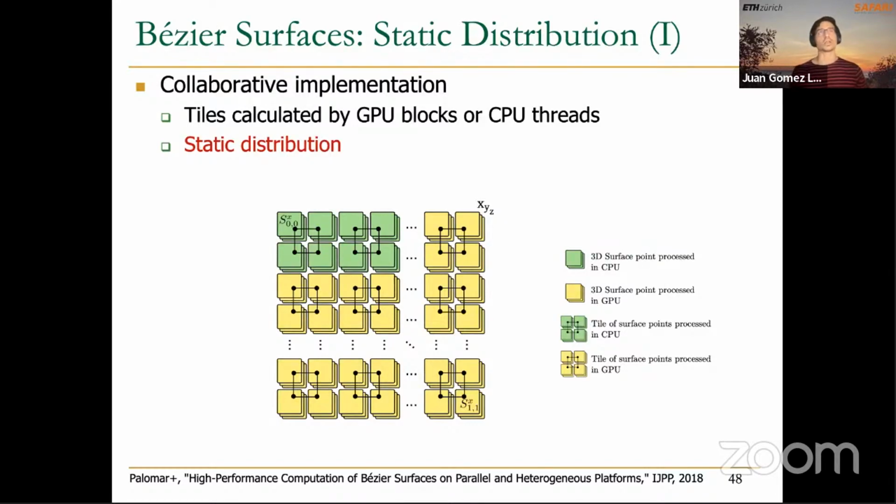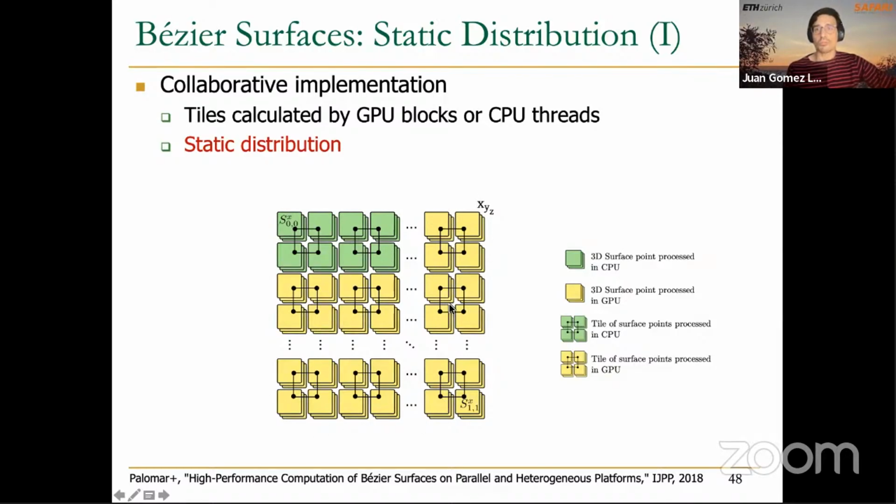So here, a collaborative implementation that can work is a static distribution, a static partitioning, same as we did in the first version of the histogram that we have just discussed. What we can do is divide the whole surface into multiple tiles and assign different tiles to the different devices. In this case, the green tiles are assigned to the CPU, the yellow tiles are assigned to the GPU.